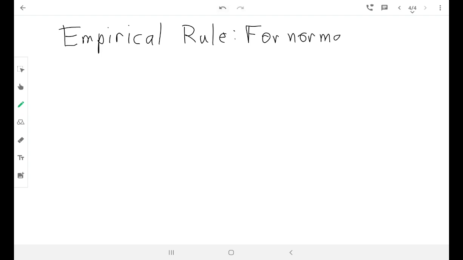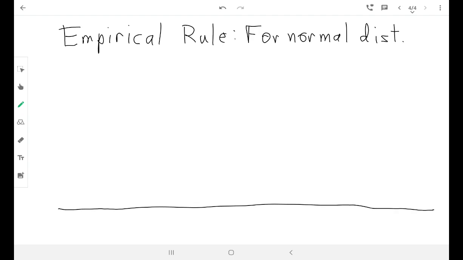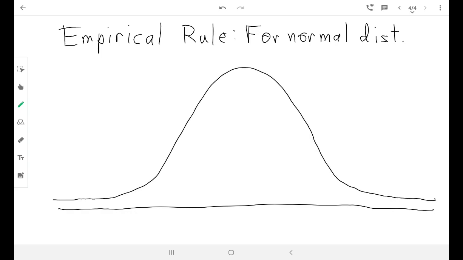We have something called the empirical rule. And this is for normal distribution. This is for normally distributed data. And the way this works is, I'm going to make a nice big normally distributed curve here and show you all of this within that curve.